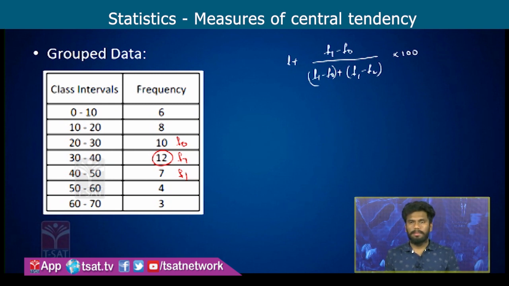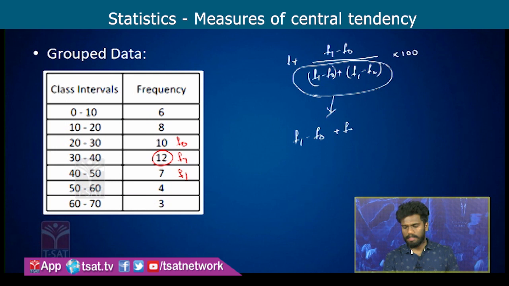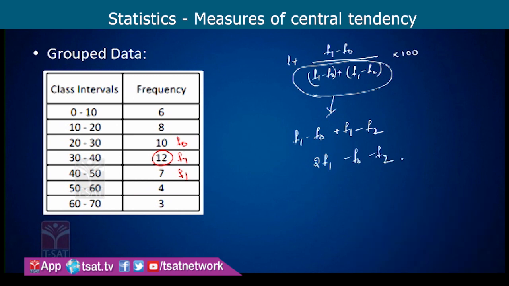Suppose the denominator f1 minus f0 plus f1 minus f2, that becomes 2 f1 minus f0 minus f2. In any case, if this expression is equal to 0, then what do we have to do?